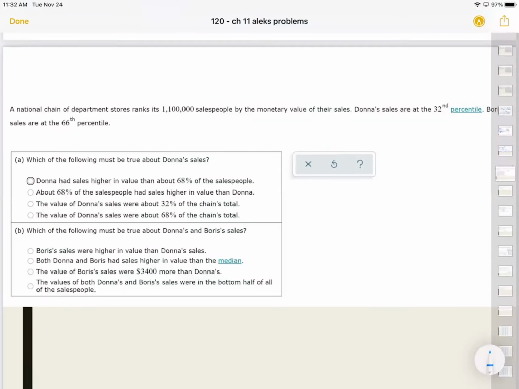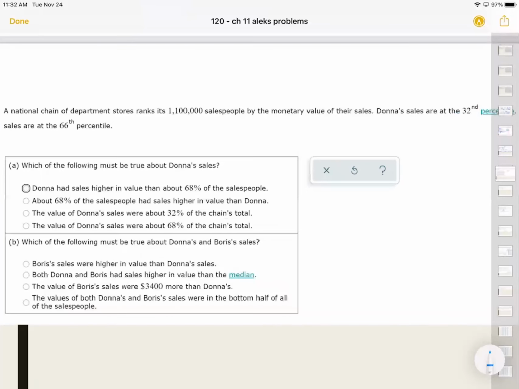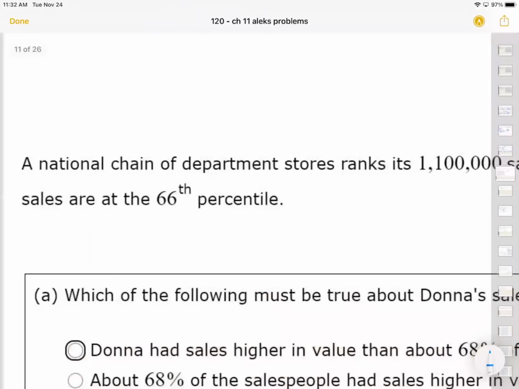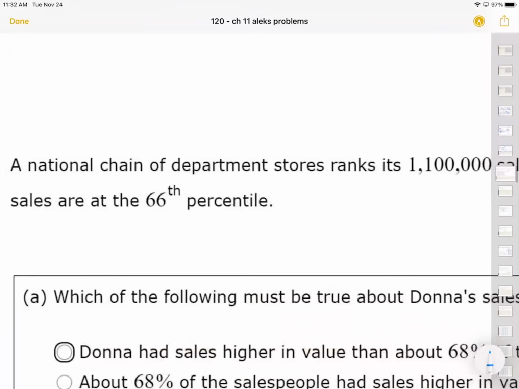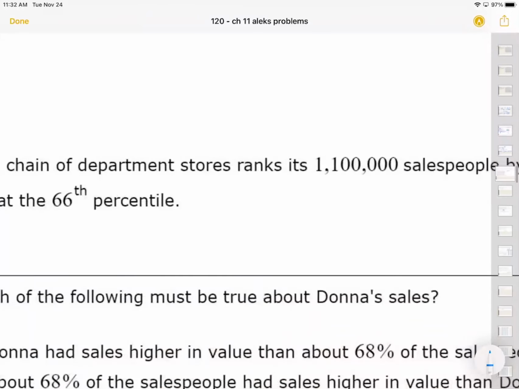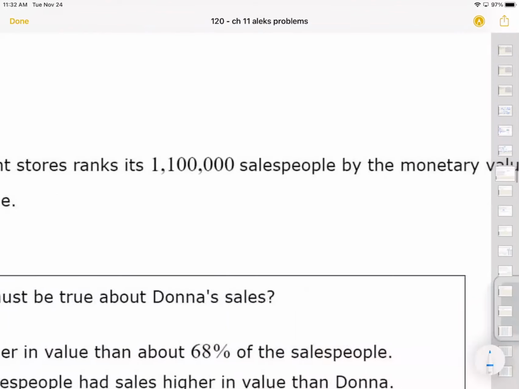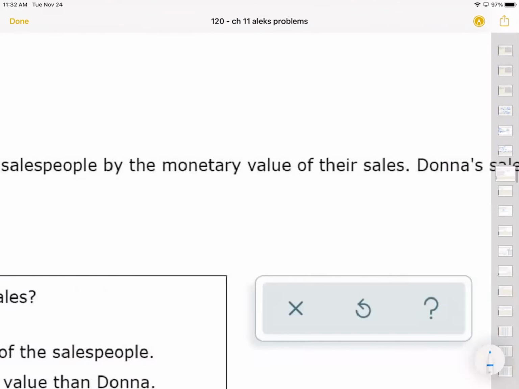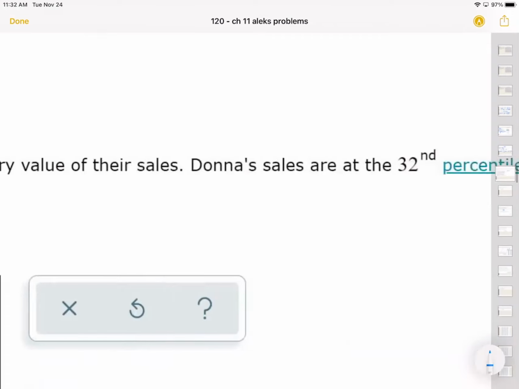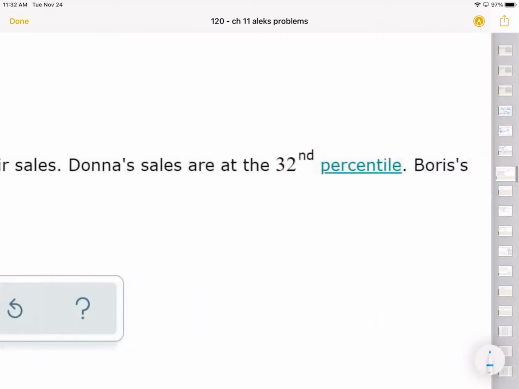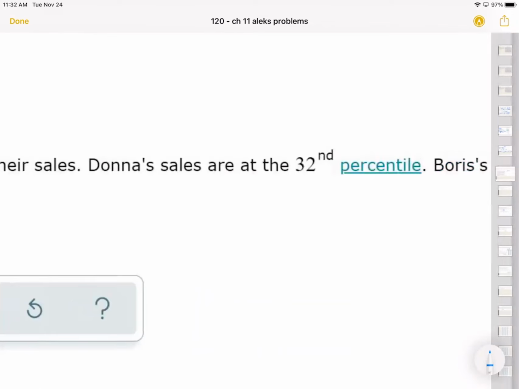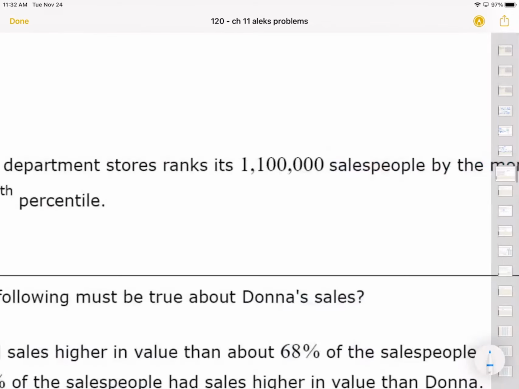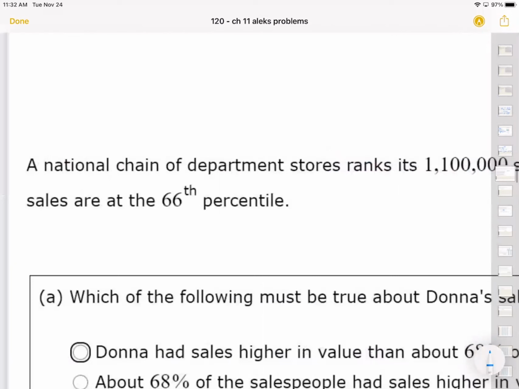So if you read this, a national chain of department stores ranks 1,100,000 salespersons by the monetary value of their sales. Donna's sales are at the 32nd percentile. Boris's sales are at the 66th percentile.